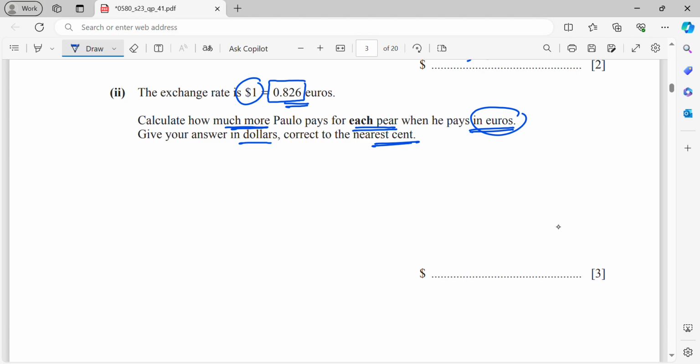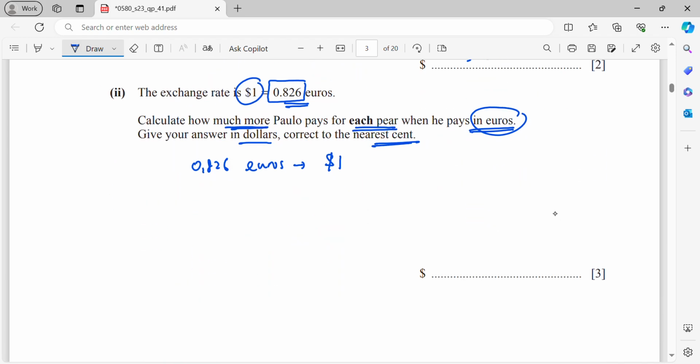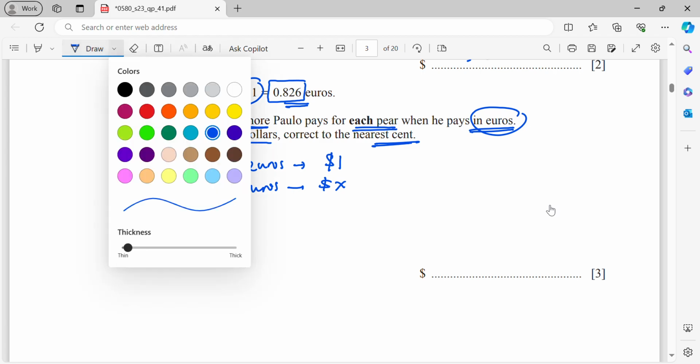So from here, I will change this 0.826 euros to dollars, which is the same as $1. Since the cost of the fruit is 0.51 euros each, I will say 0.51 euros will be X dollars. So now I need to find out what X dollars is here.